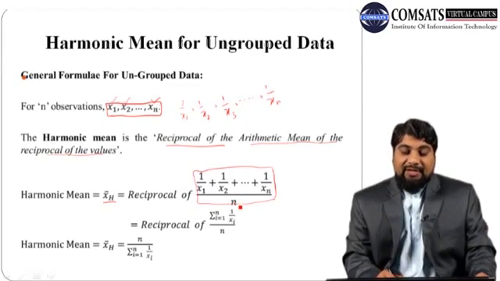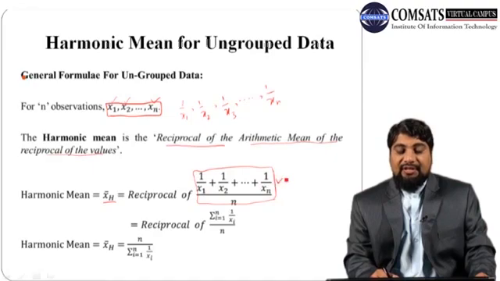Then we can simplify. We can write this numerator expression in summation format. It is 1 over x1, 1 over x2 and so on, 1 over xn, so we can write it as the sum of 1 over xi, where i ranges from 1 to n, whole divided by n, and then the reciprocal of this whole expression.